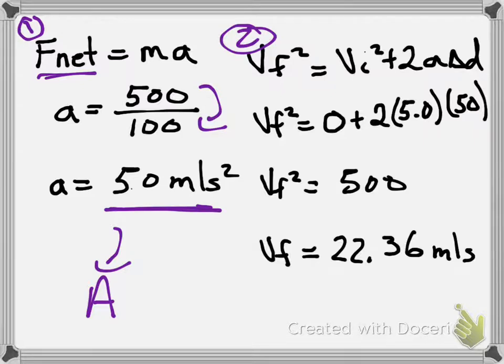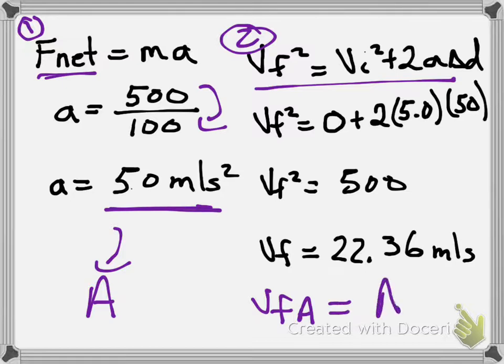We are now going to figure out our final velocity, the final velocity of A, and again that's going to equal our initial velocity of B. So this 22.36, which is unrounded, can then be used for our initial velocity for section B. That lets us go to stage three.